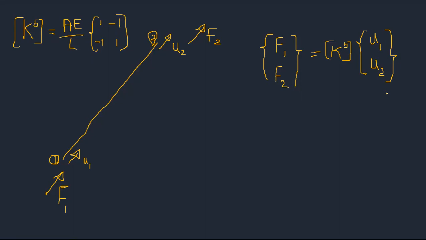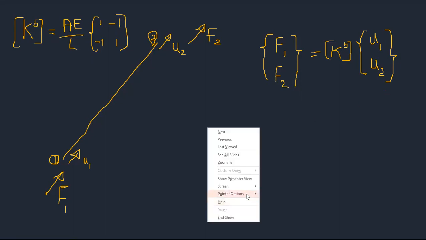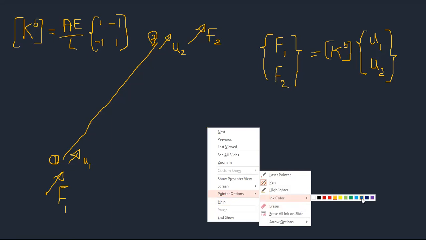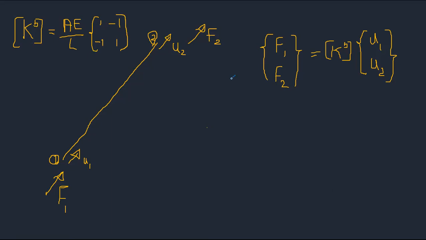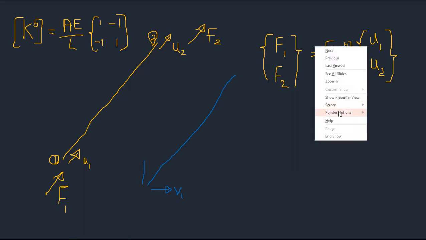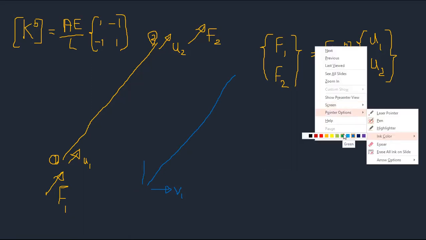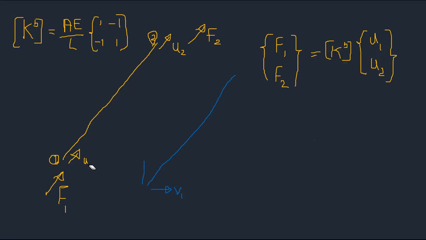Okay. So I'll define the same element in the global coordinate system. Same element in the global coordinate system. No, sorry, I will make this W because I have U1 defined in the direction.